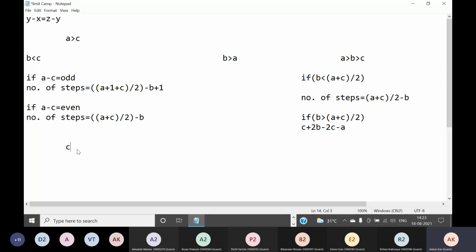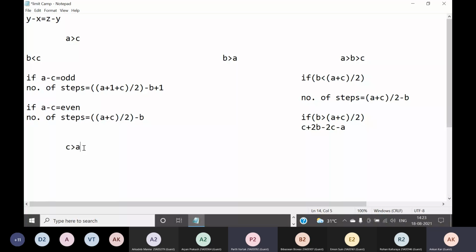For C greater than A, you are going to take the same case actually. If A is greater than C and C greater than, you can just rename.